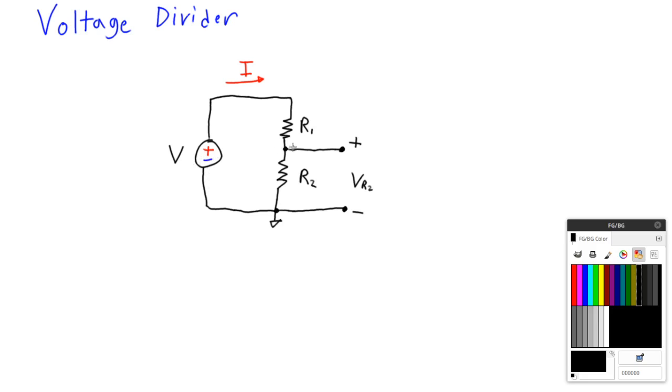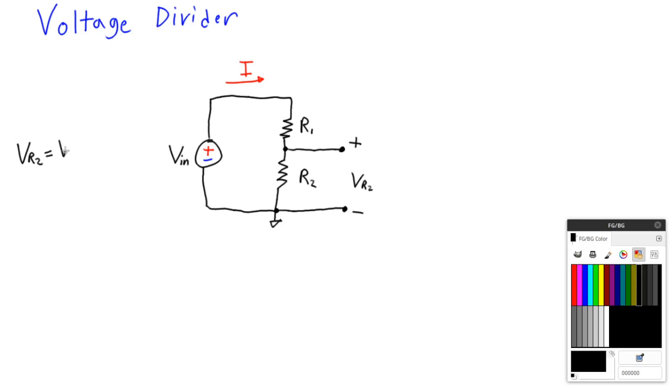And so we know that our voltage in the middle here, in between the two resistors, or we'll call it the voltage across R2, is as follows. VR2 equals, and let's actually call this V in.